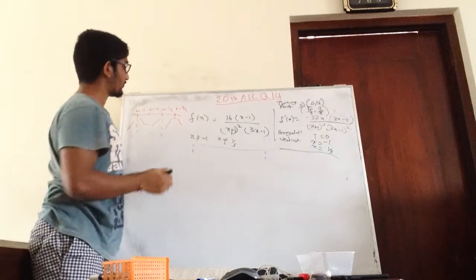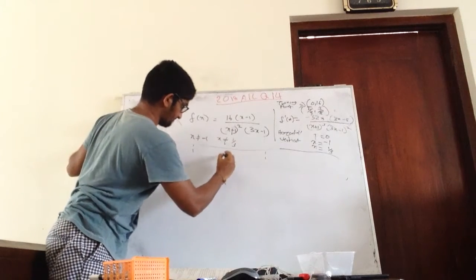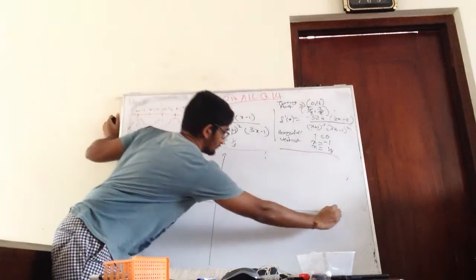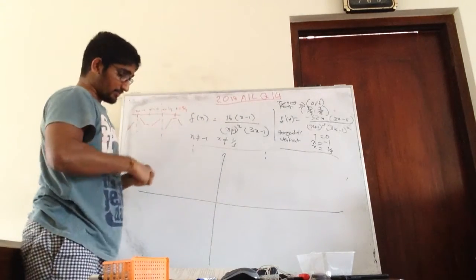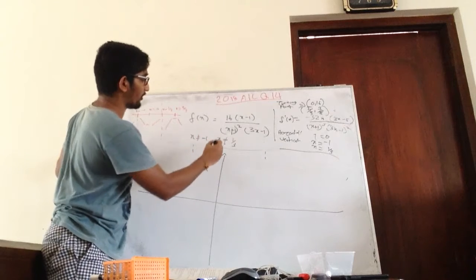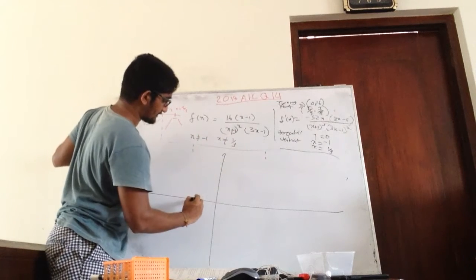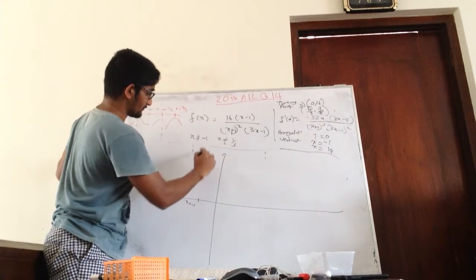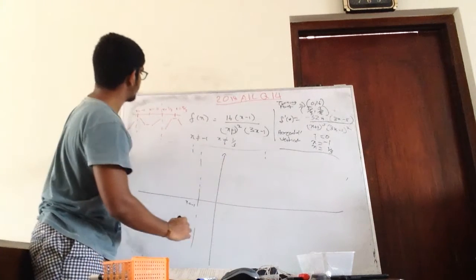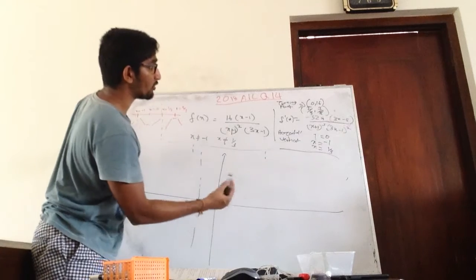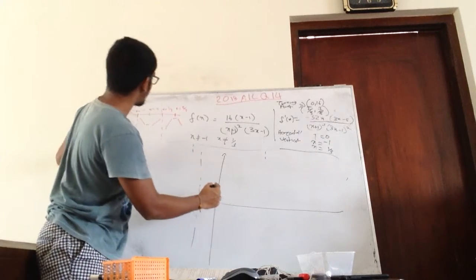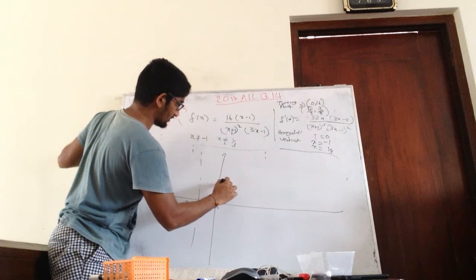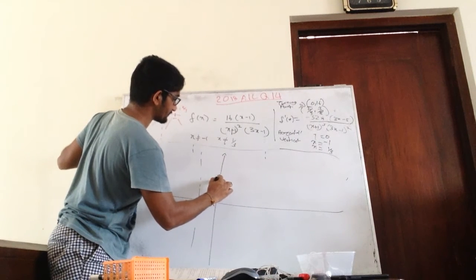Right, so let's draw the graph then. Here, what are the points we need? We need x equals -1, and this is an asymptote. And when x equals 0, the corresponding point is 16. So 0, 16 is a point here.